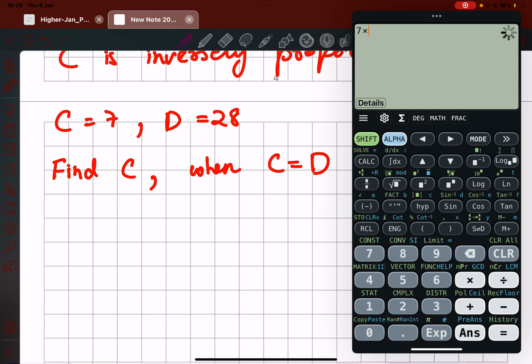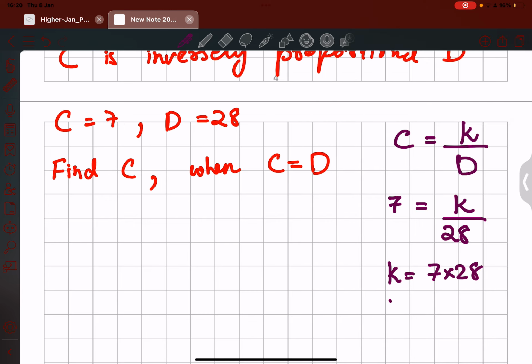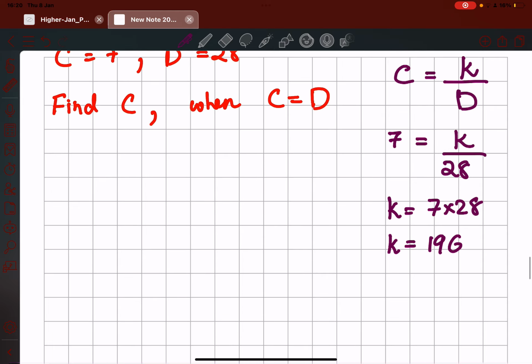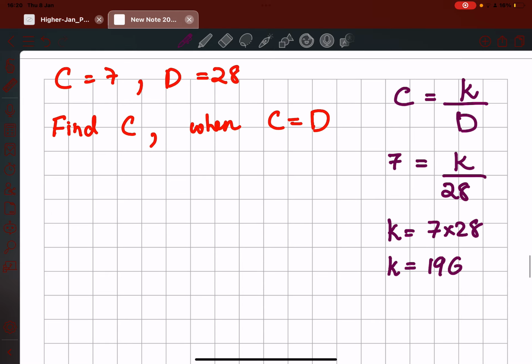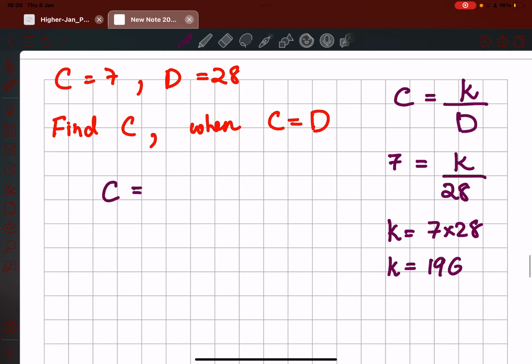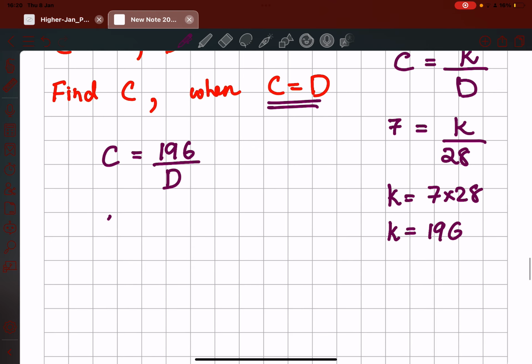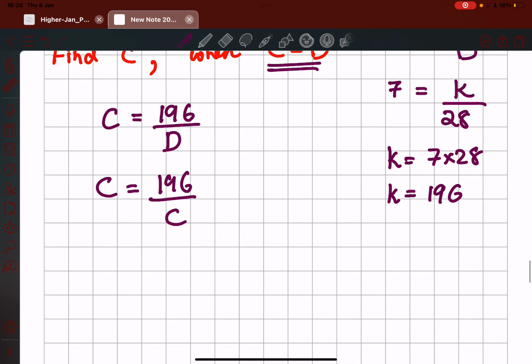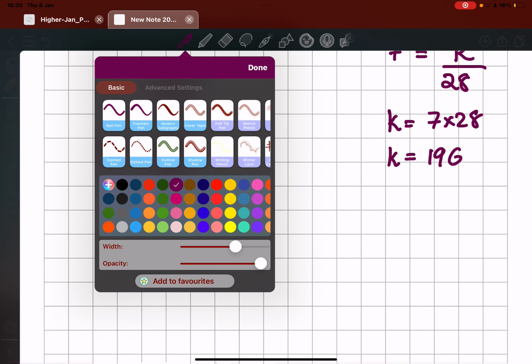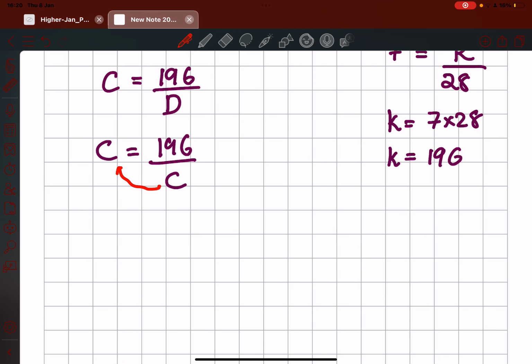So 7 times 28 would give me 196, so K is equal to 196. So we now have C is equal to 196 over D. The condition is C should be equal to D. That means I could replace it: C is equal to 196 over C. And if I want to find C, I have to do cross multiplication onto the other side.